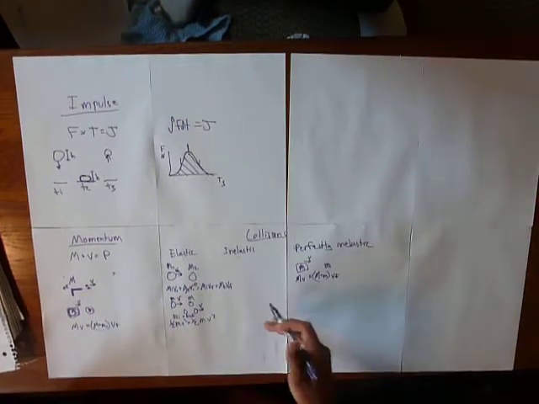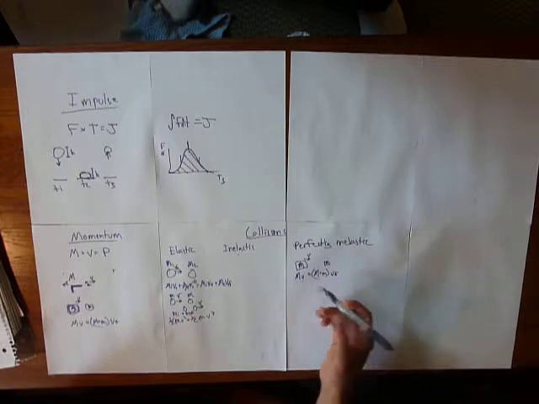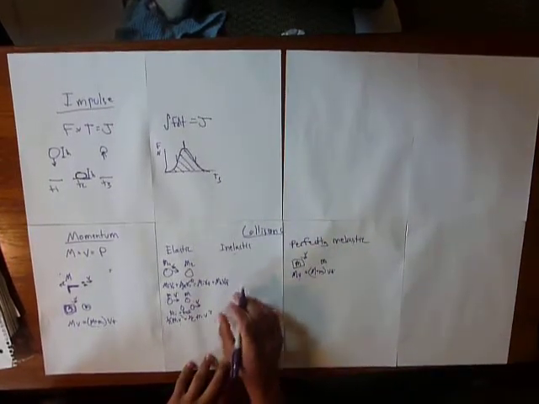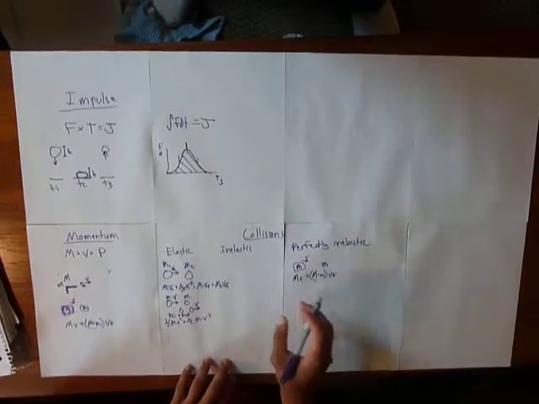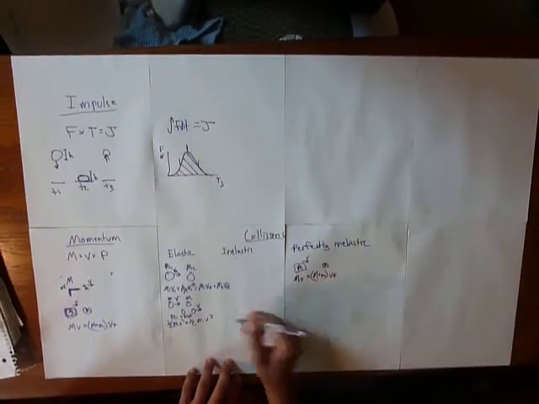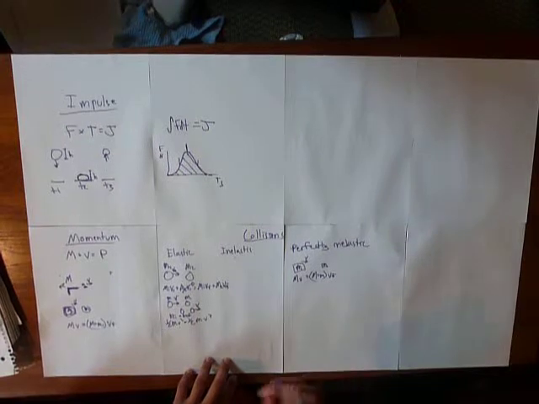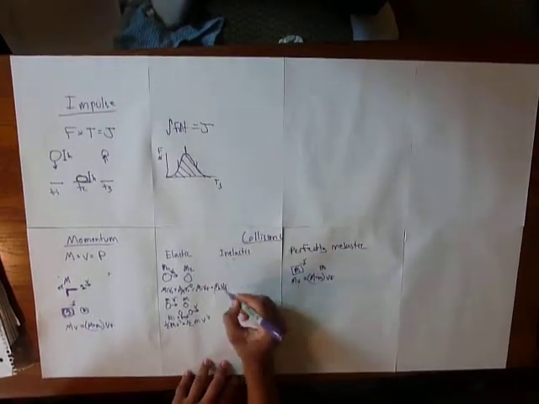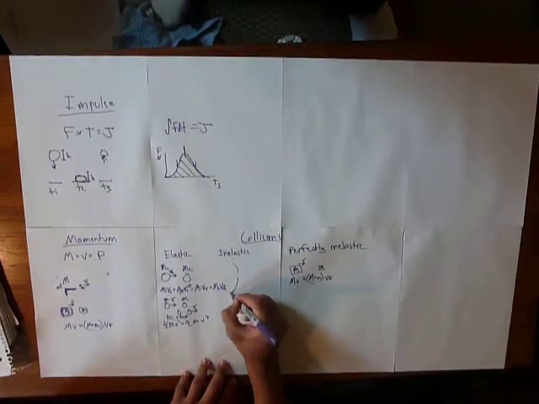So it's basically the same as an elastic, except the objects will lose energy, but they won't exactly stick together. So it would be more like two exercise balls that collide with each other. I'll write it down here.